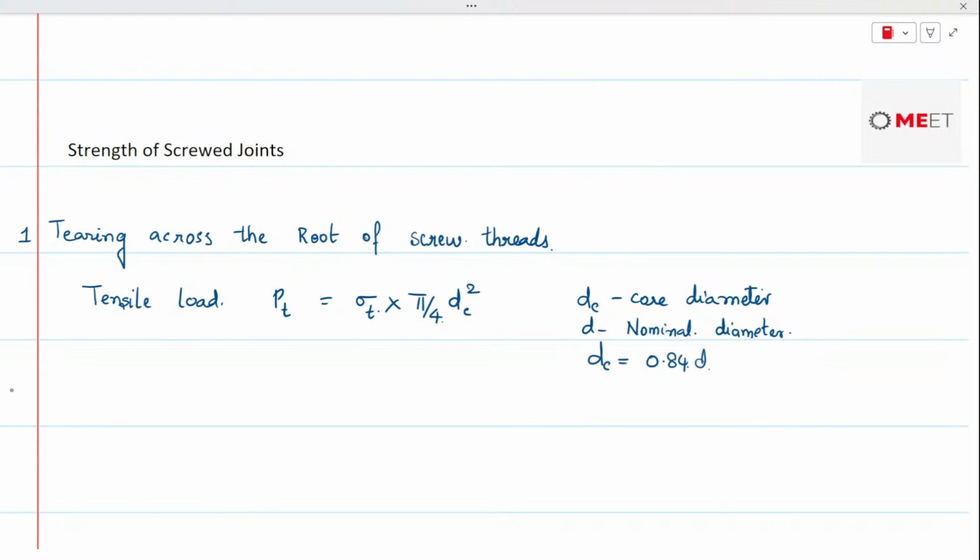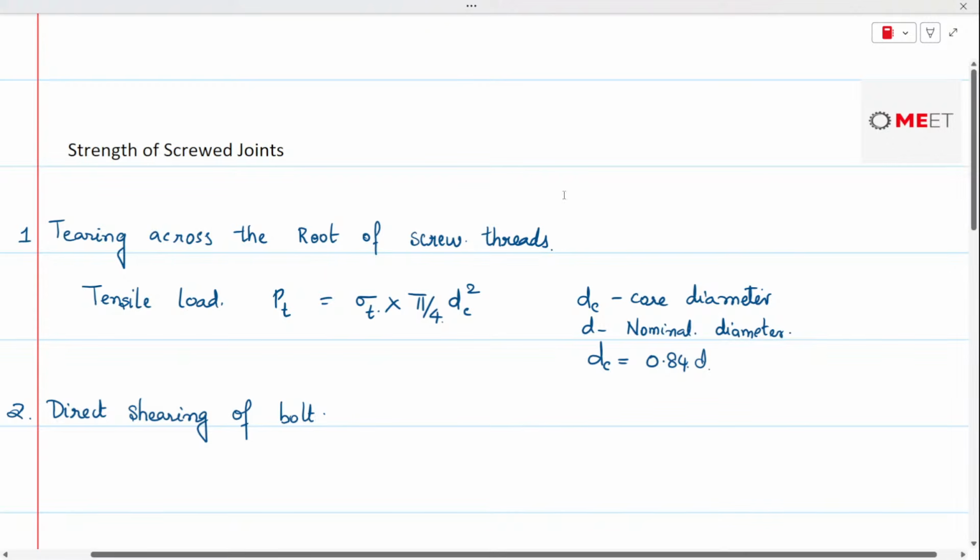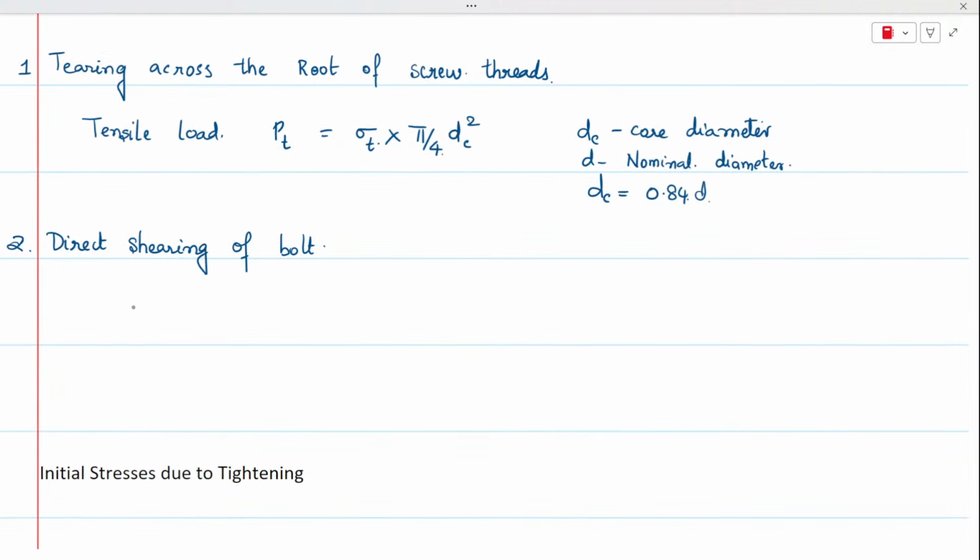Next criterion in the strength is direct shearing of bolt. Direct shearing of bolt is likely to happen in the region where the threads are not present, the non-threaded portion.